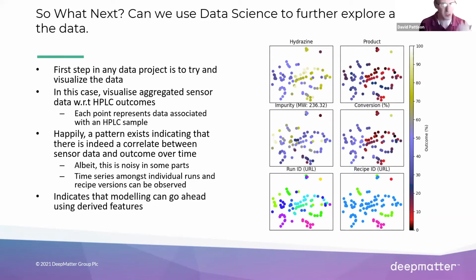So if you were to look at the top right diagram, let's say for the product formation, you can see that there's this bleed from, on my screen anyway, right to left, as product is formed. And if you were to look at the bottom right, which is a particularly difficult one to interpret, that's the color of the variant of the recipe.